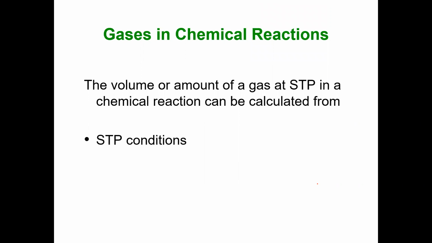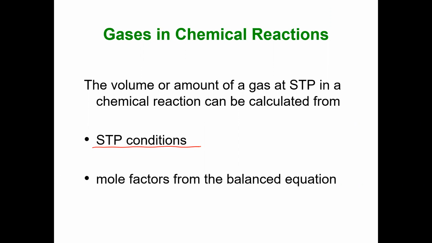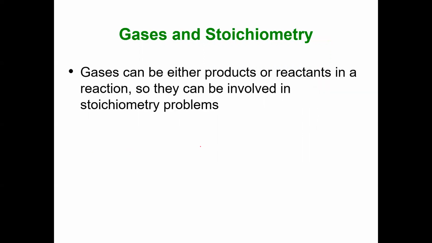So we see gases are produced in many chemical reactions, and we can set these chemical reactions under standard temperature and pressure conditions to help us theoretically calculate what volumes would be produced. So we can use the mole ratios or the mole factors from the balanced equations to help us do this. And remember, that was the centerpiece of our stoichiometry calculations, the mole ratios in a balanced chemical equation.